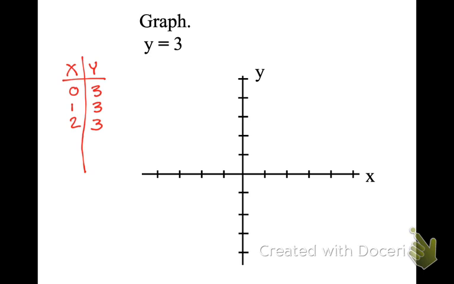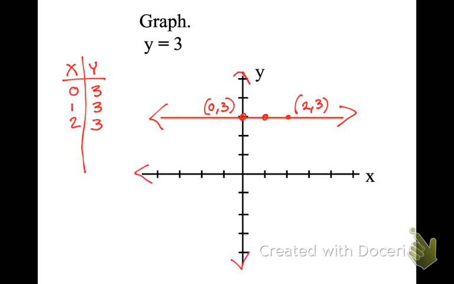And then I plot those: 0 across, 3 up, 1 across, 3 up, 2 across, 3 up. I draw the line. Arrows. And label 2 points. This is 0, 3, and this one is 2, 3, and we're done. Do not forget your arrows on your axes either.